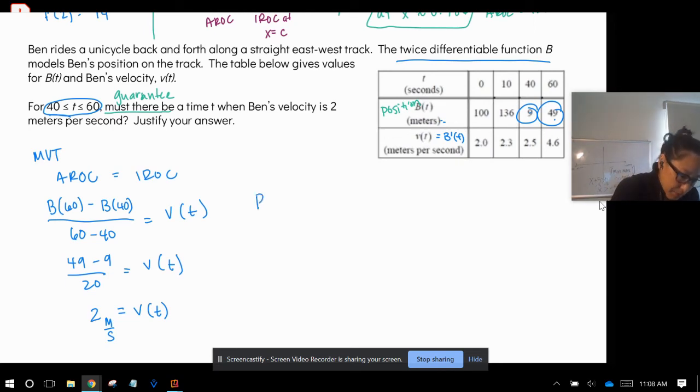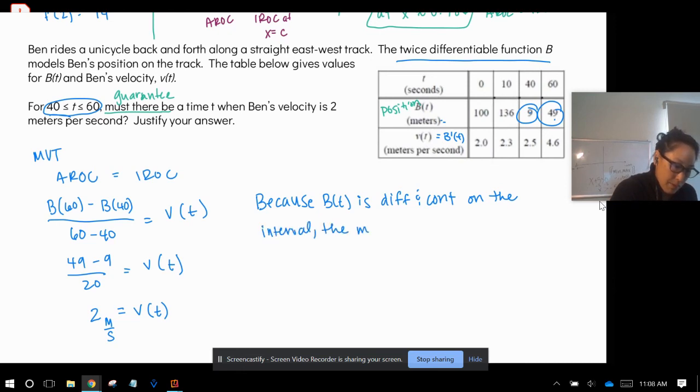So we're going to write because b of t is differentiable and continuous on the interval, the mean value theorem guarantees.